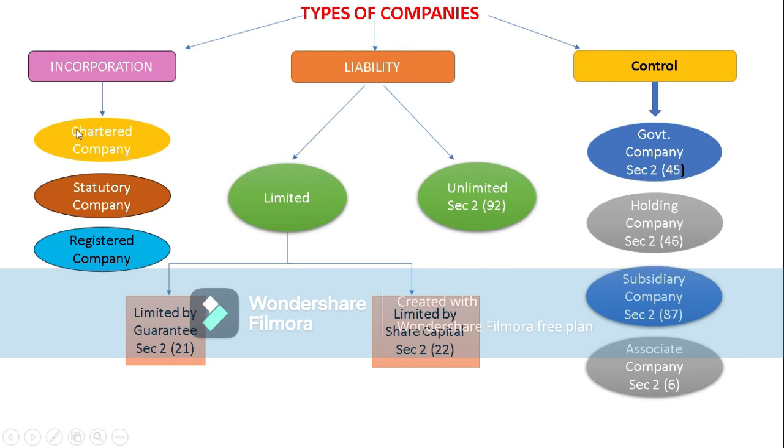And if we see statutory company, what does statutory company mean? These companies are formed under a special act of Parliament or state legislature. Statutory companies are formed on the basis of a special act created in Parliament or state legislature, and then the company will be formed.